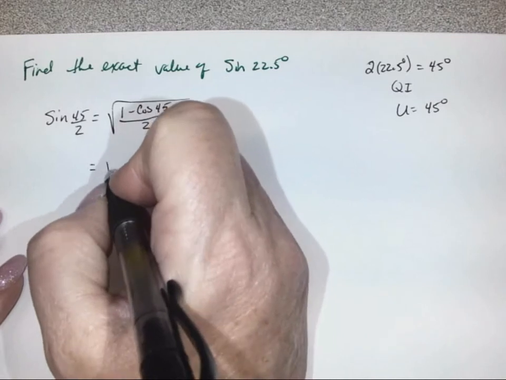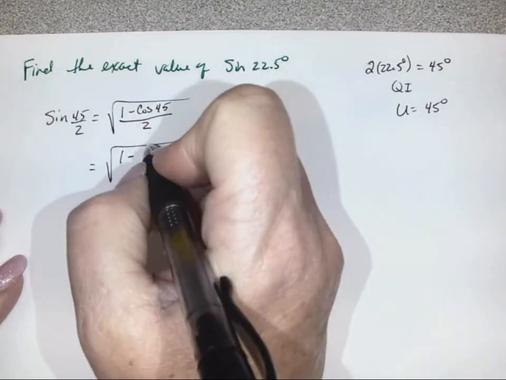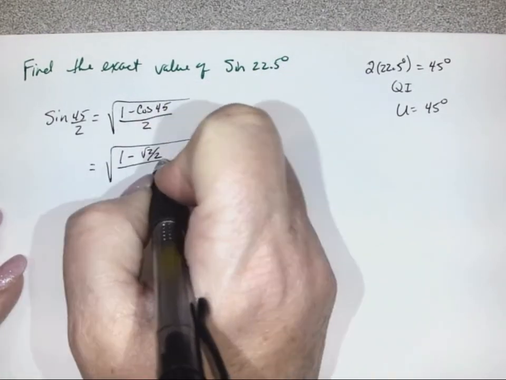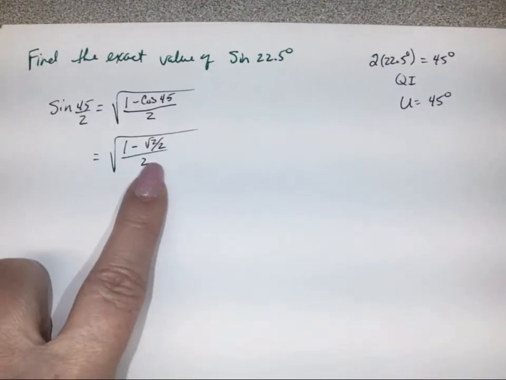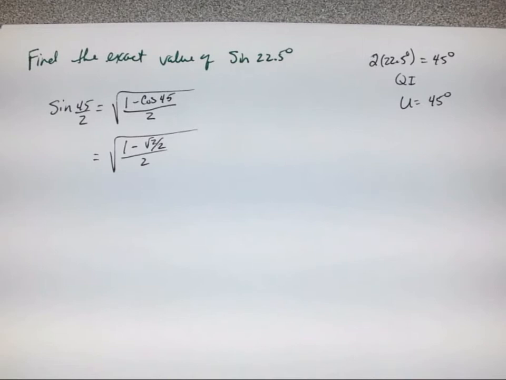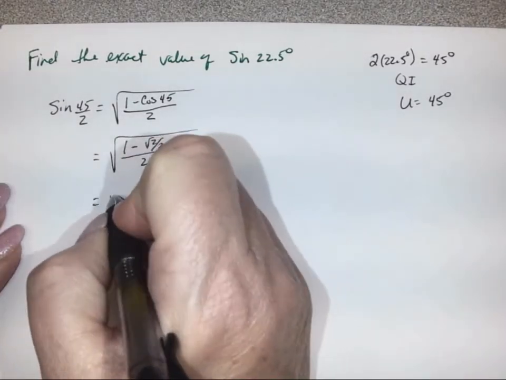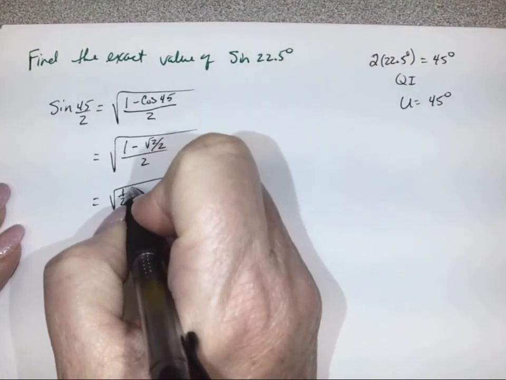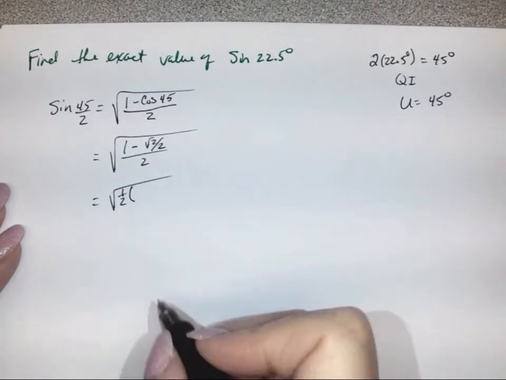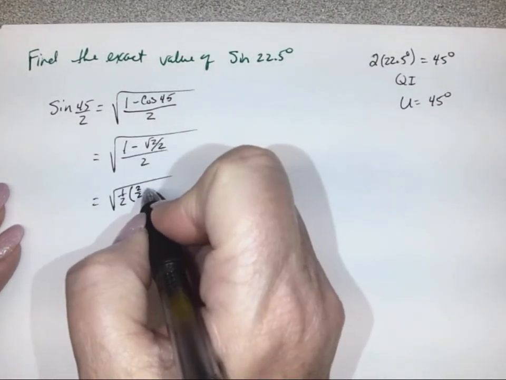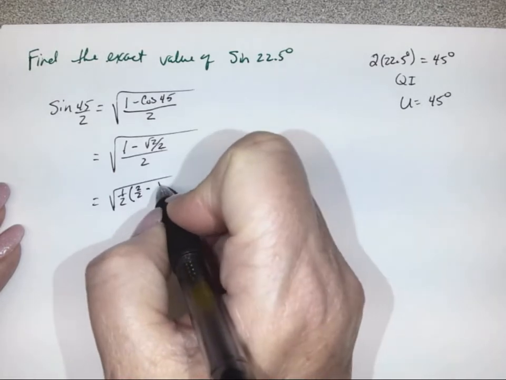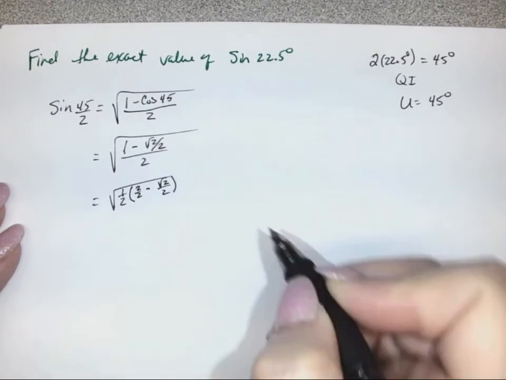So this will be the square root of 1 minus square root of 2 over 2, divided by 2. So like we did in the last problem, I'm going to pull that 2 out by making it a 1/2. So this will be the square root of 1/2 times, I'm going to make that 1 have a common denominator of 2 over 2 minus the square root of 2 over 2.